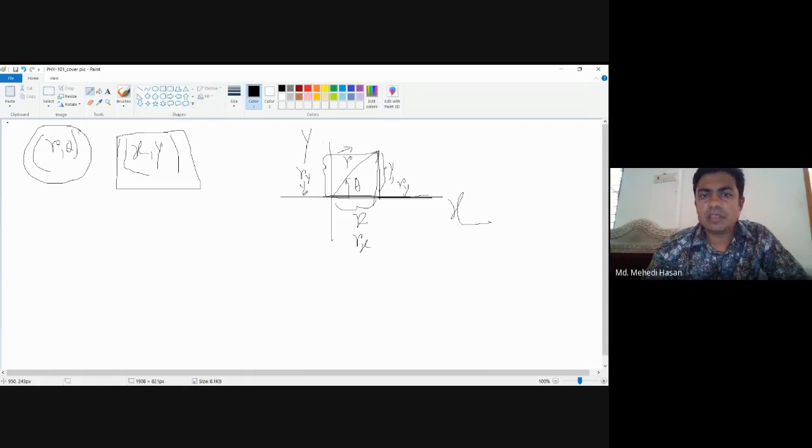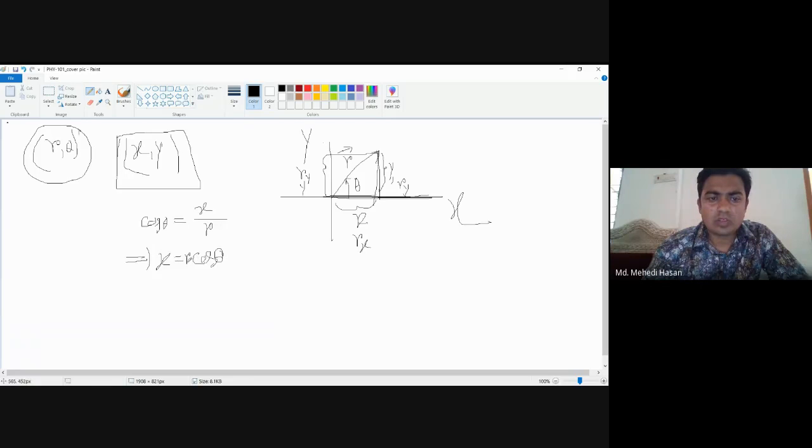Then according to the cosine formula, cos theta is equal to base divided by hypotenuse. So base is x and hypotenuse is r, the magnitude of the vector r. Then we can say x equal to r cos theta.